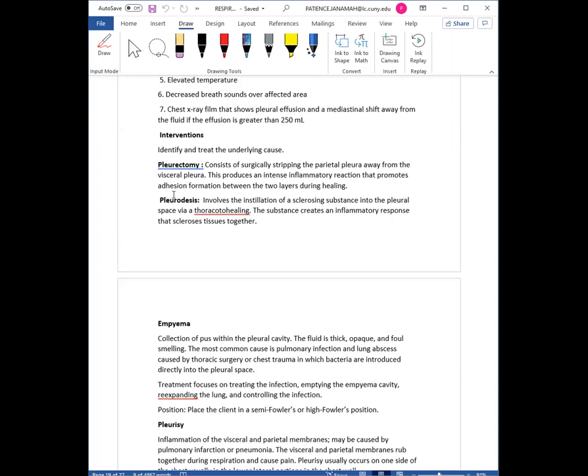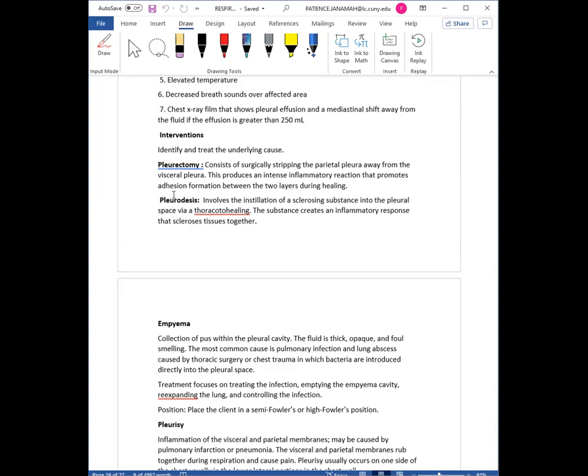Pleurodesis involves the instillation of a sclerosing substance into the pleural space via a tube. So this one, they go through the tube and then they try to instill something like a sclerosing substance.